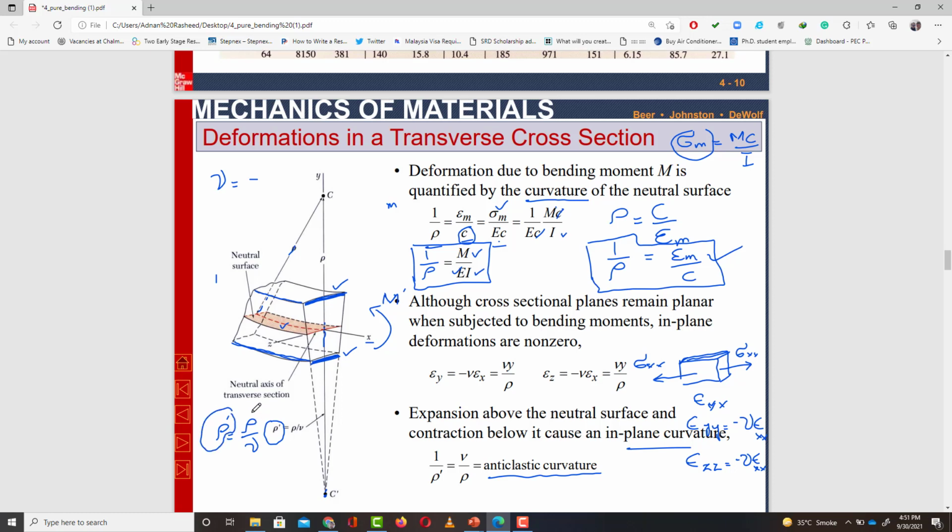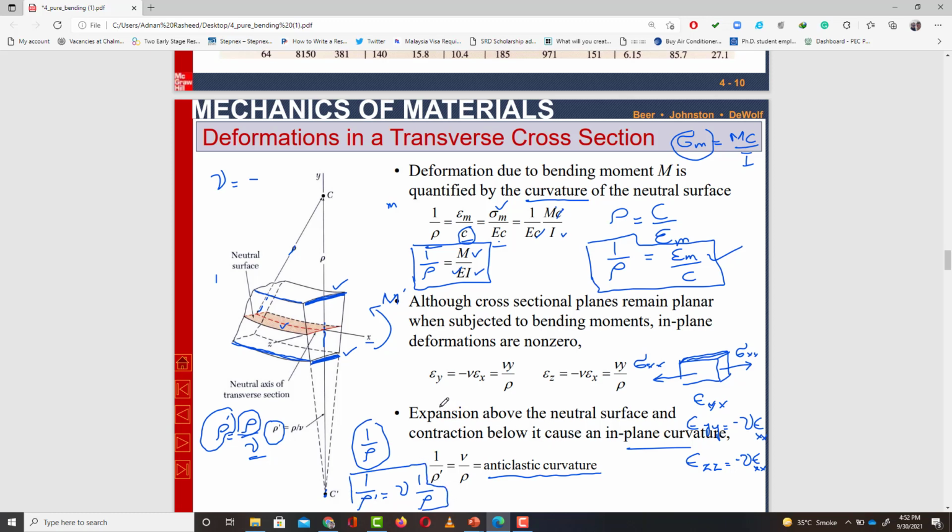So due to this anti-elastic curvature, this will be equal to the radius of curvature divided by nu. Similarly, as 1 over rho is curvature, 1 over rho dash will be anti-elastic curvature, and it will be equal to nu times 1 over rho. Clear? So I think this is clear to you now.